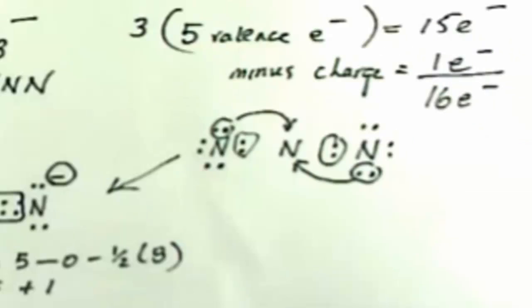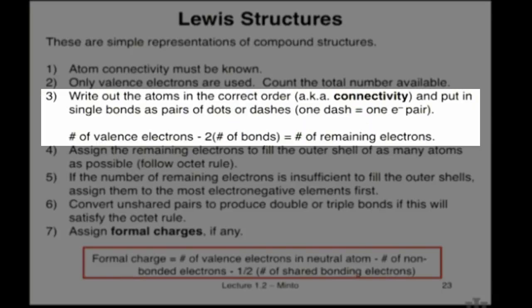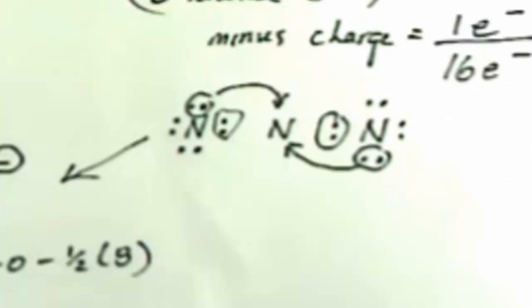We started out by just connecting together the nitrogens with 1 pair of electrons. And then we distributed the remainder of the electrons on the structure. We didn't talk too much about how to do that last class.